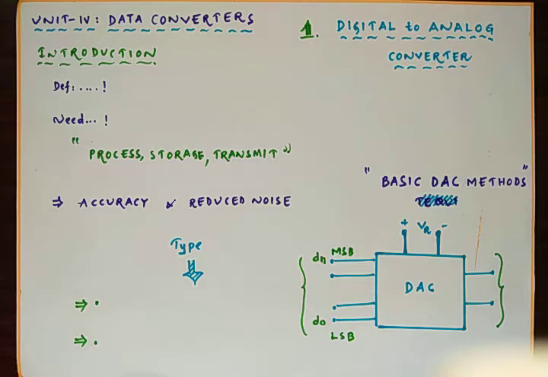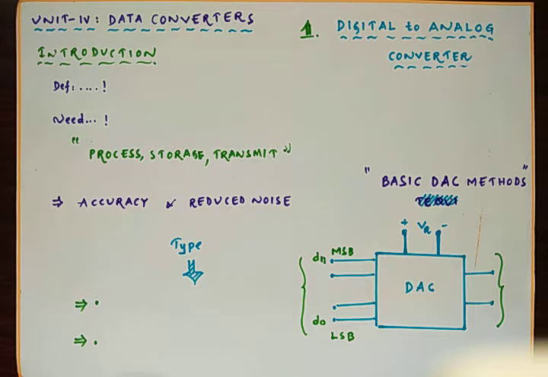Then only the programmer or the user can see and understand those analog results. Because we have given the input signal as an analog signal, we want the output also in the analog form.